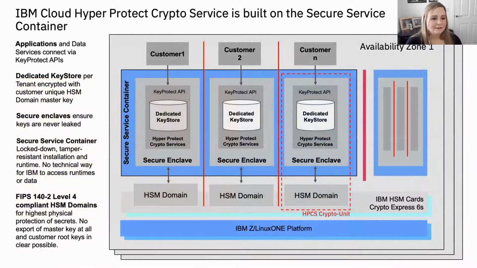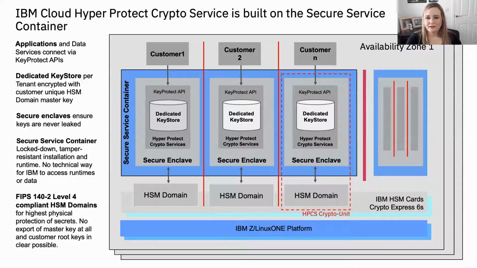All right, so let's get started. All of these HyperProtect offerings are going to be built on top of the secure enclave or secure service container, but in particular, the crypto services as well. So potentially you could have some number of customers. They're going to have a dedicated key store.